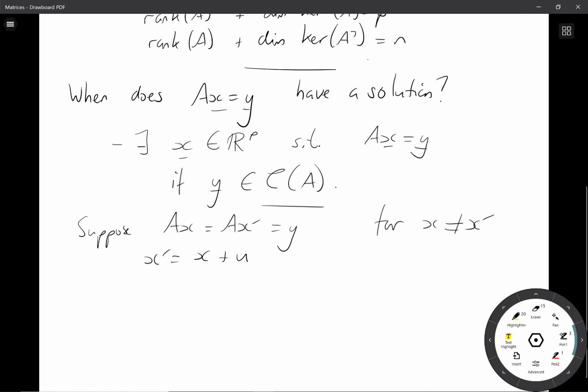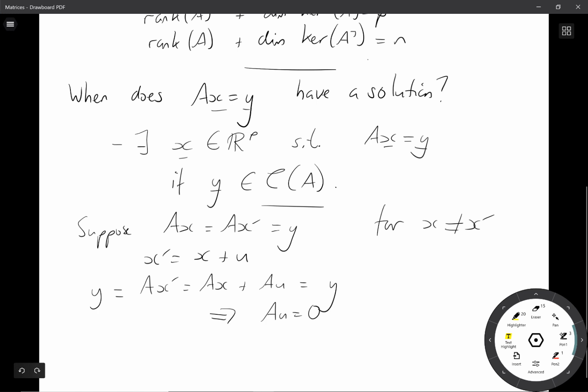So we must have that Ax prime is Ax plus Au, which is y, and we know that Ax prime is equal to y. So this must tell us that Au is 0.